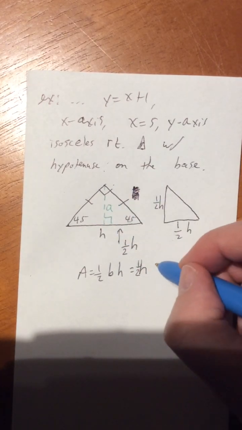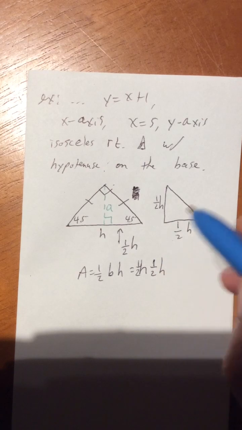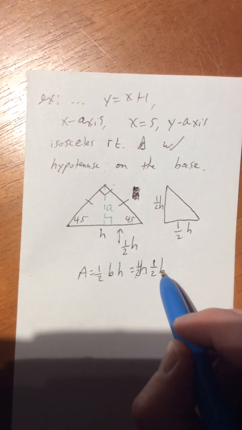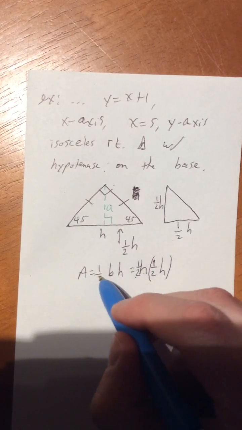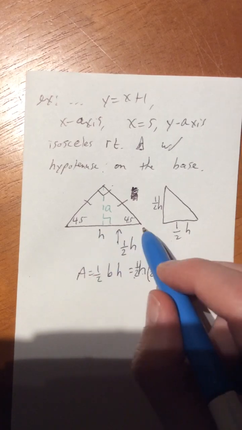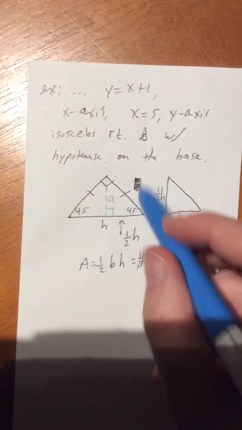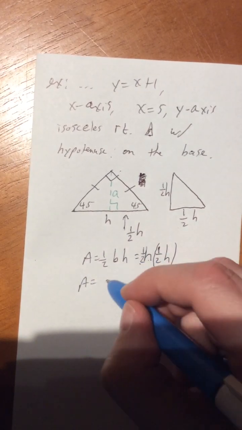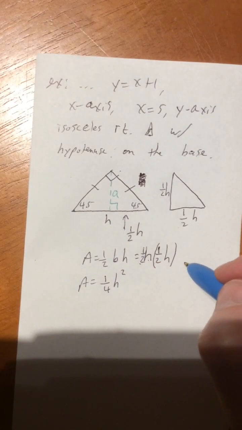Good. My brain is not working well today. 1/2 h times 1/2 h. Right, so it's 1/2 base times the height, which is 1/2 h. Right? 1/2 base times height. The base is the h, the height is 1/2 h. So the area of this guy right here, area equals 1/2 times 1/2 is 1/4 h squared.